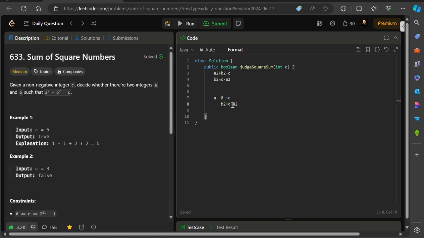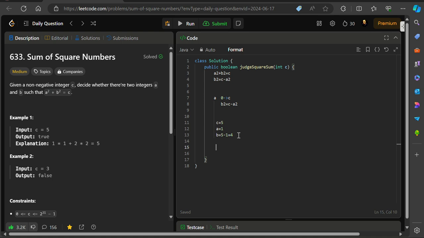Now, have you noticed one thing? This number c minus a square will always be a perfect square. Let's say for the first case, when c equals to 5, the a was 1, now b square will be 5 minus 1, that is 4. Now 4 is a perfect square, right? It will always be a perfect square, because b square will be c minus a square.